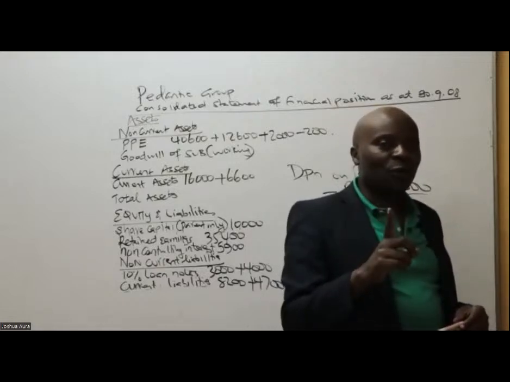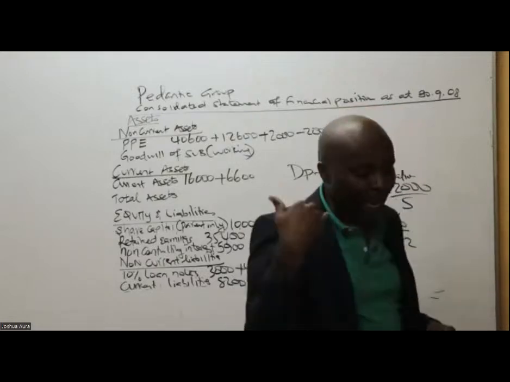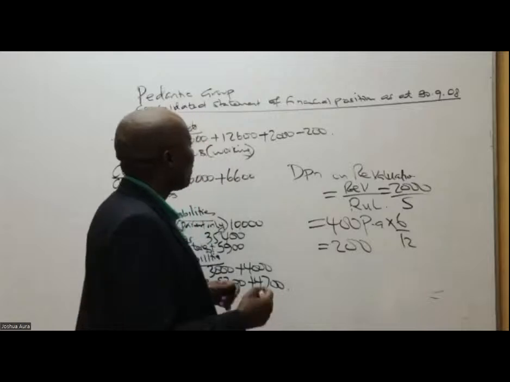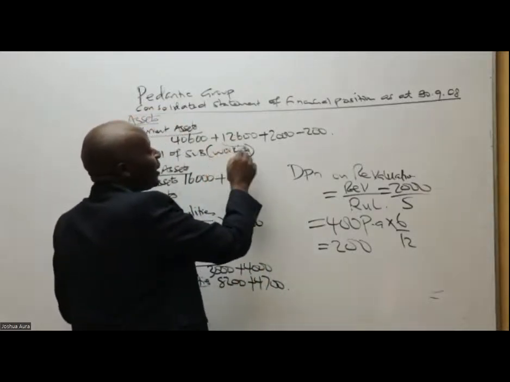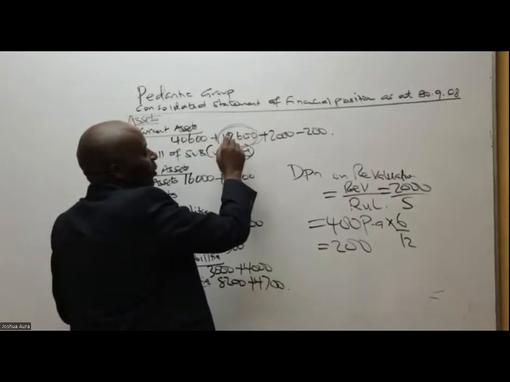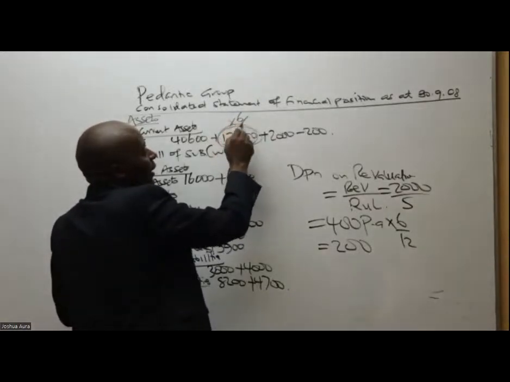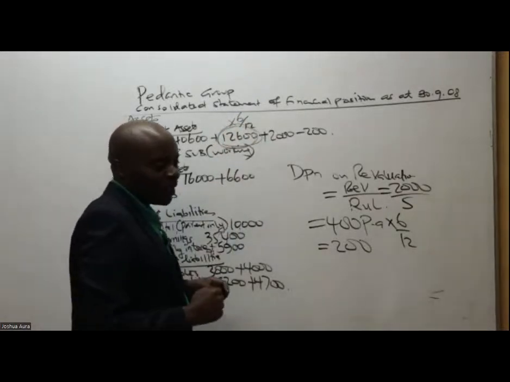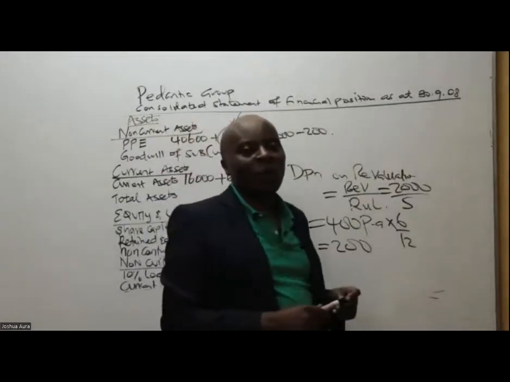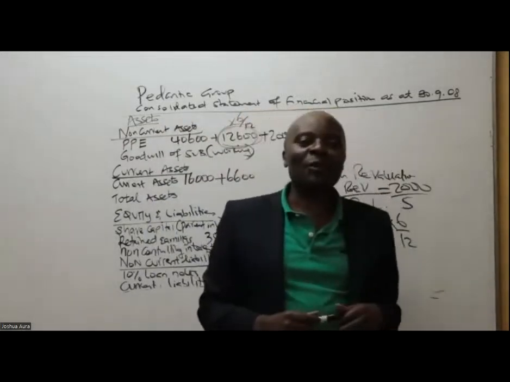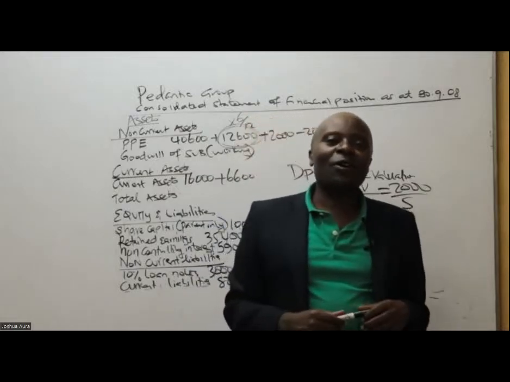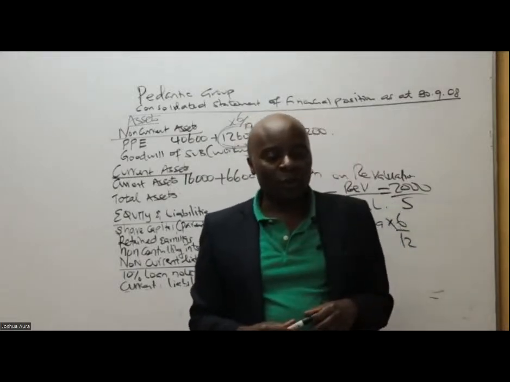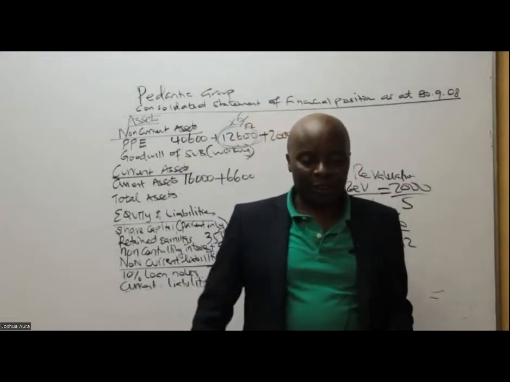Now, as I wait for you to catch up with me, because I know I'm a very fast man, could you kindly tell me, this is a figure of the subsidiary. Why was I not multiplying these balance sheet figures by 6/12, like we did with the statement of profit and loss? Why was I not apportioning them?